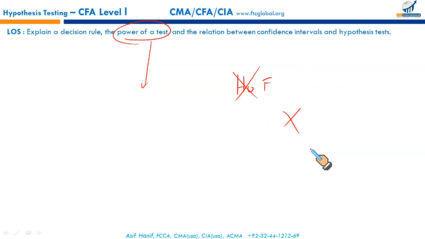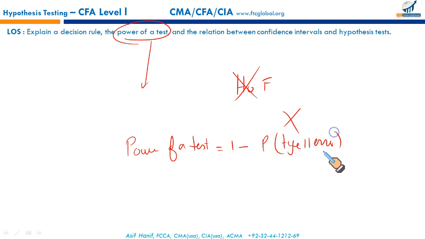This is what you call the power of a test. So it is calculated this way. The power of a test is equal to 1 minus the probability of making a type 2 error. Simple as that. Now whatever we have done, let's try to apply these to actual questions and then we will make more sense out of it.